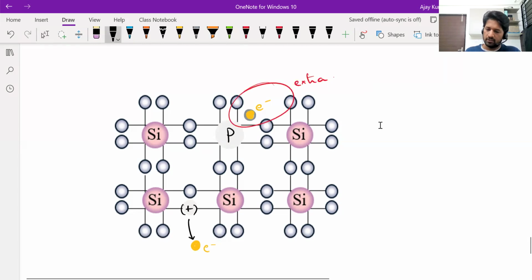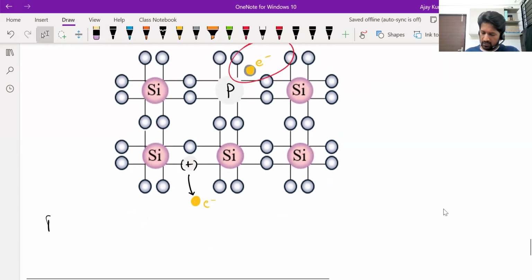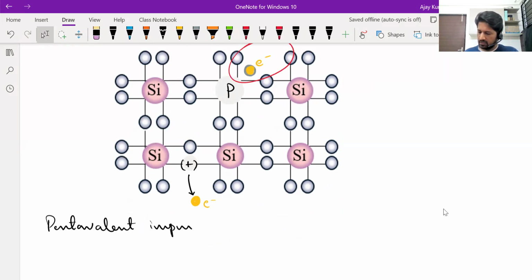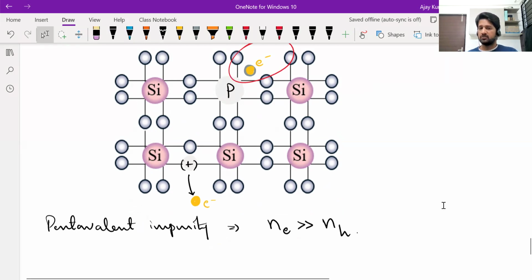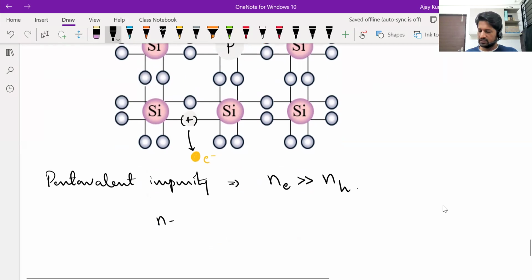So phosphorus, the valency being 5, we call it a pentavalent impurity. So if you dope silicon with a pentavalent impurity, the concentration of conduction electrons will be much higher than the concentration of holes. And because electrons are negatively charged, we call this an n-type semiconductor.